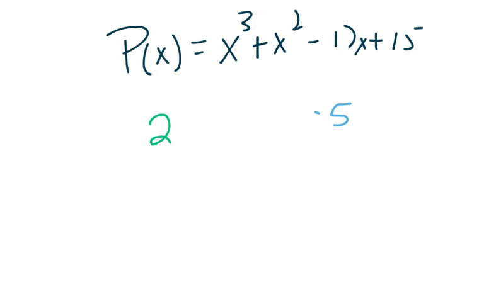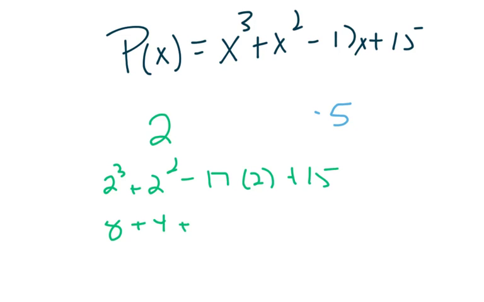We want to find out if 2 or negative 5 are solutions for this. So what we do is we plug these right into our equation and see if we get 0 back. So let's plug in 2. So we go 2 cubed plus 2 squared minus 17 times 2 plus 15. So we simplify, get these to just some numbers. 8 plus 4, 17 times 2 is 34, plus 15.